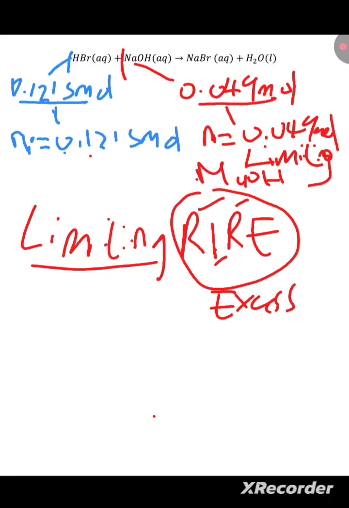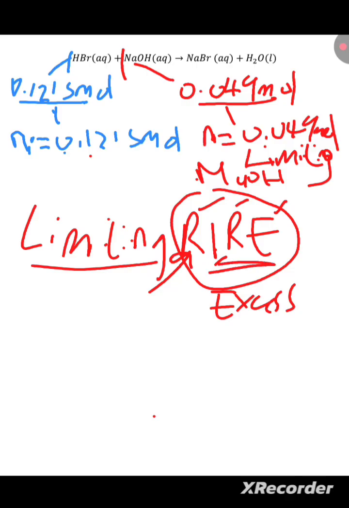We also use the excess number of moles. So what are we going to do? We're going to calculate this number of moles.